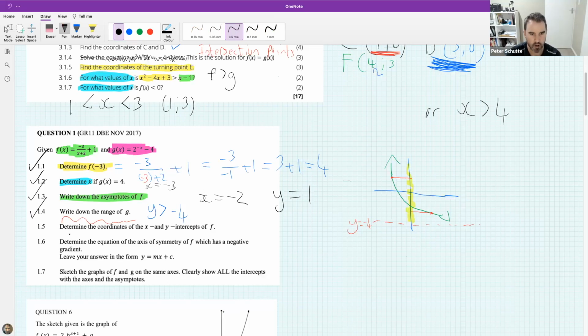The next one is to find the x and y intercepts of f. So you need to find me the x and y intercepts of f, which is the hyperbola. Go ahead and find me those.